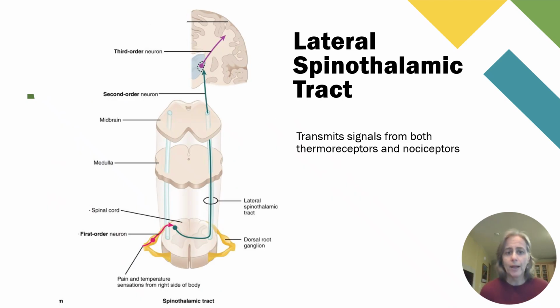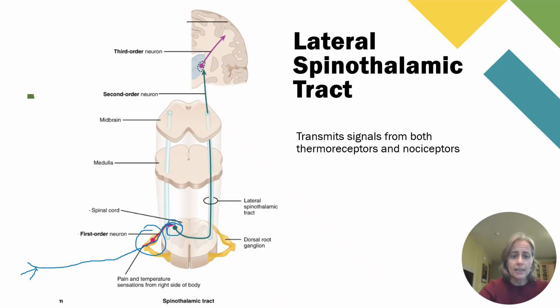This is another way of looking at that same thing. So again, our first order neuron is our, I'm going to go back to blue. Our first order neuron is our sensory neuron. I've got my free nerve endings over here that are detecting pain or temperature, because remember I said they use the same pathway. And then that axon is traveling. It's coming in through a spinal nerve, in through the dorsal root to the dorsal horn, where I synapse with my second order neuron.